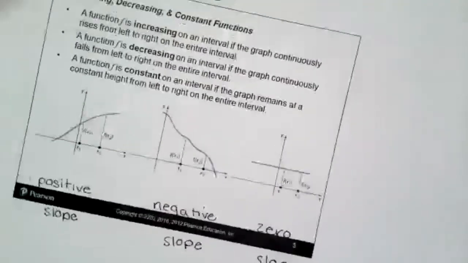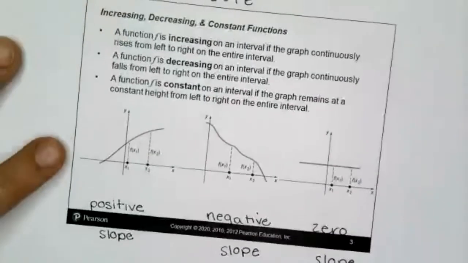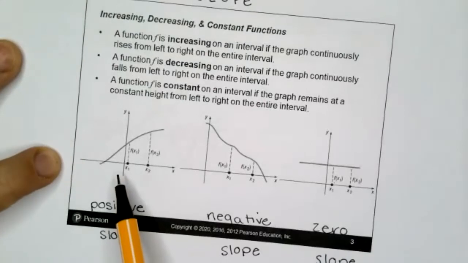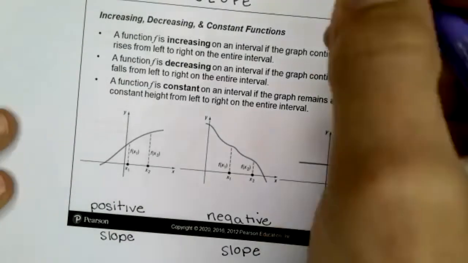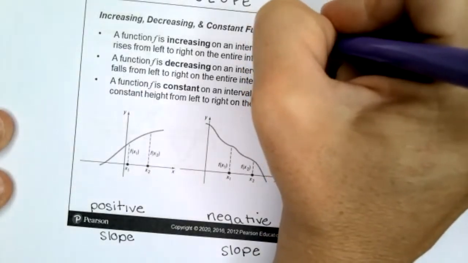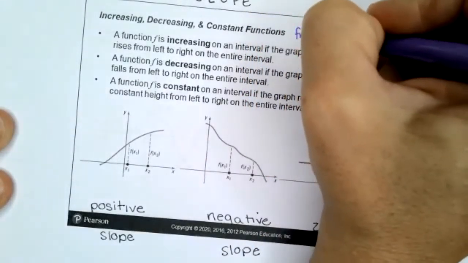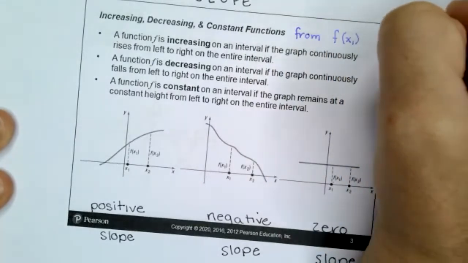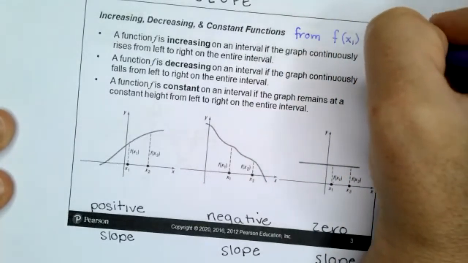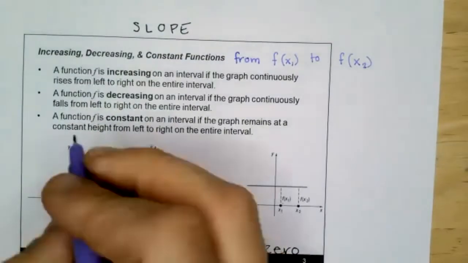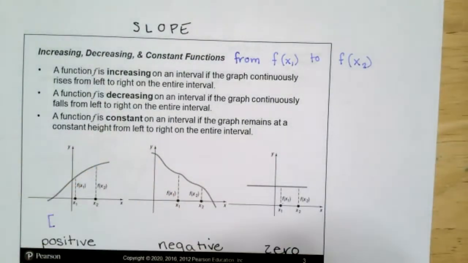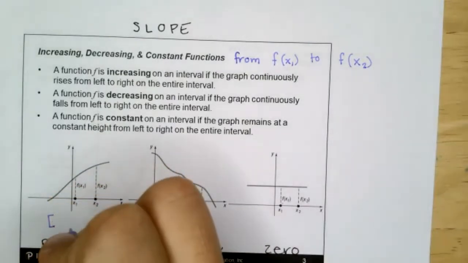All right. So this is an example of a function increasing over the interval. Okay, so they're saying from f of x sub 1 to f of x sub 2. How do you write that? The way you write that is just like interval notation, okay?